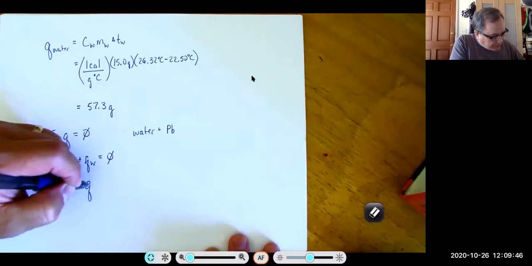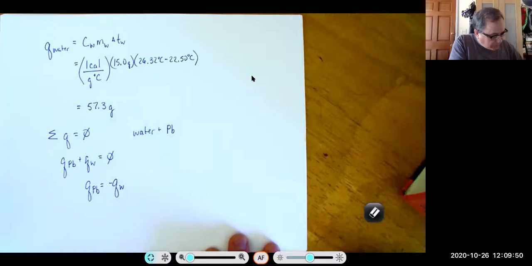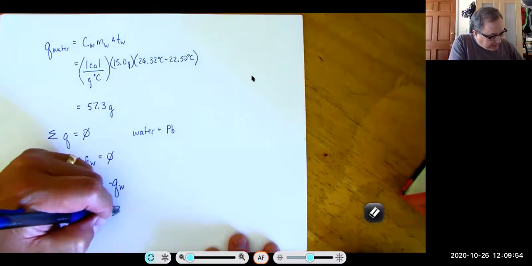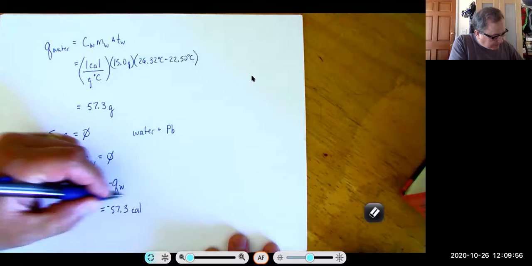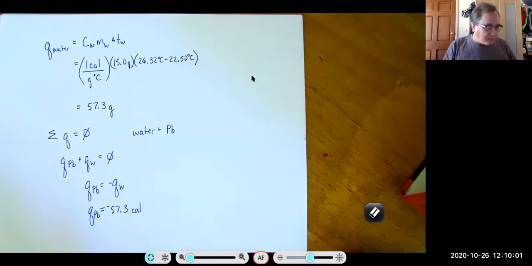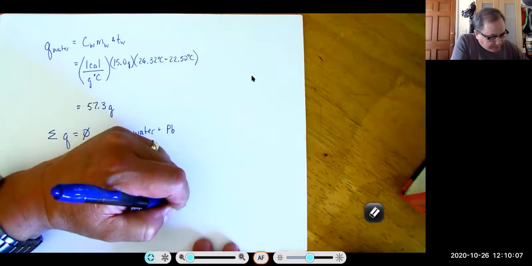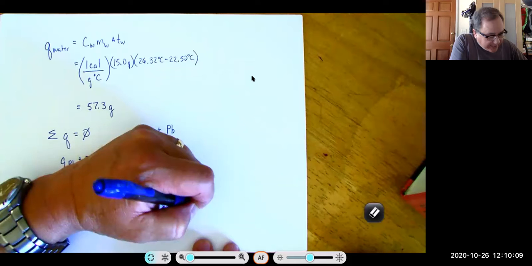That means the Q of the lead is equal to negative Q of the water, which in this case means minus 57.3 calories. So this means that the lead released 57.3 calories of heat, because negative means exothermic, and energy, or heat, I should say.